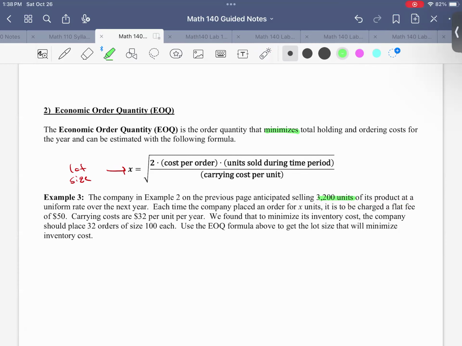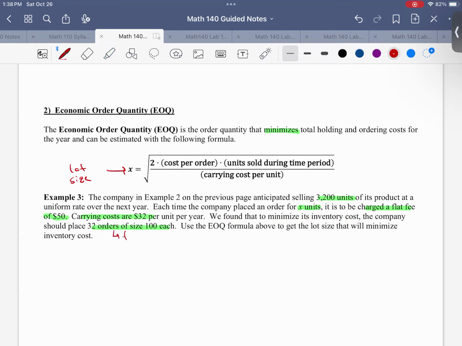Each time the company places an order of X units, it is charged a flat fee of $50. So that's cost per order, and carrying costs are $32 per year. In the previous question, we found that for the minimum inventory costs, the company should place 32 orders of size 100 each.